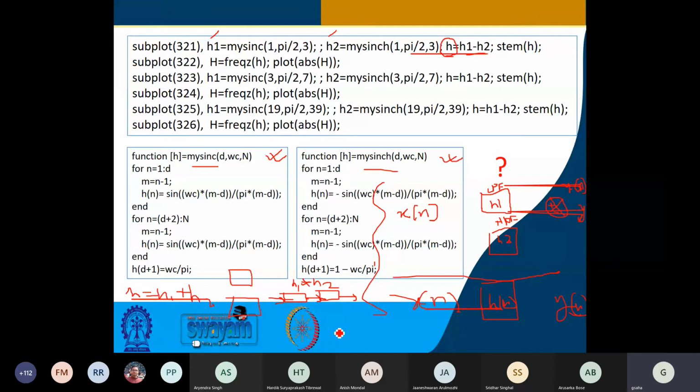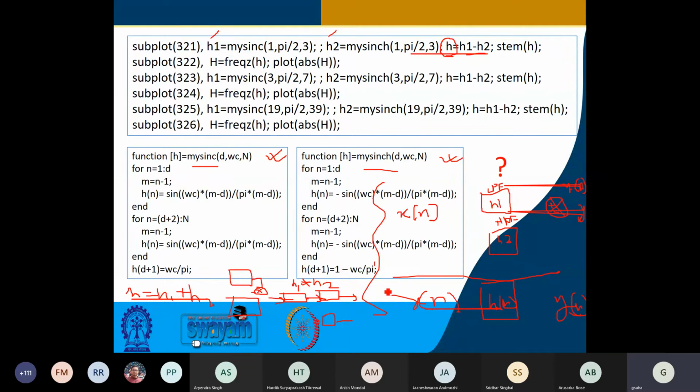If I replace a system having H1 and H2 impulse responses in series, one after another, the equivalent system will be H, the convolution of H1 and H2. If they are in parallel with an adder, it will be H1 plus H2, and with a subtractor, H1 minus H2. So these are parallel systems. You can come back later if you have any difficulty with this basic premise.